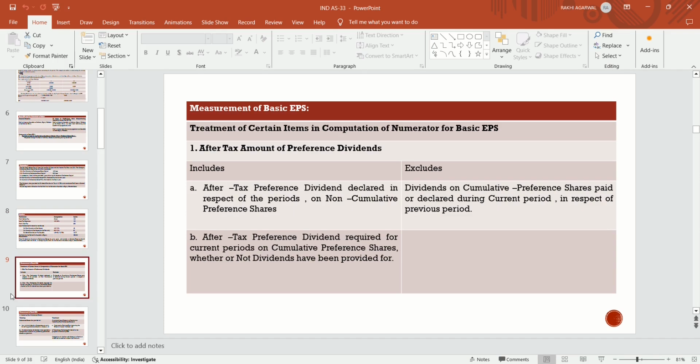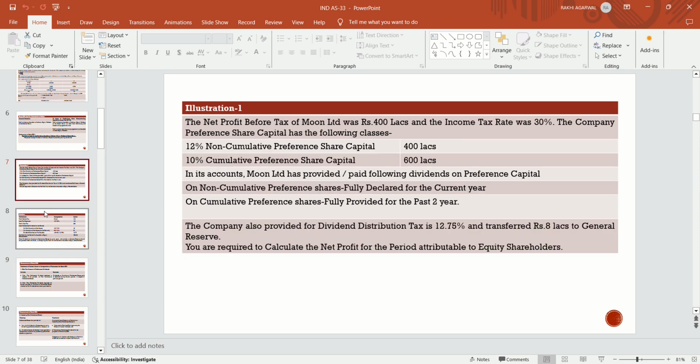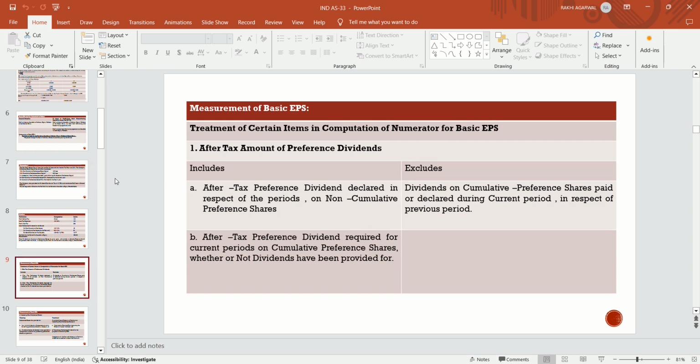Now, measurement of basic EPS. How is basic EPS to be measured? The treatment of certain items in the computation of the numerator for basic EPS: it includes the after-tax amount of preference dividend declared in respect of the period on non-cumulative preference shares, in this case fully declared for the current year, and the after-tax preference dividend required for the current period on cumulative preference shares, whether or not the dividend has been provided.